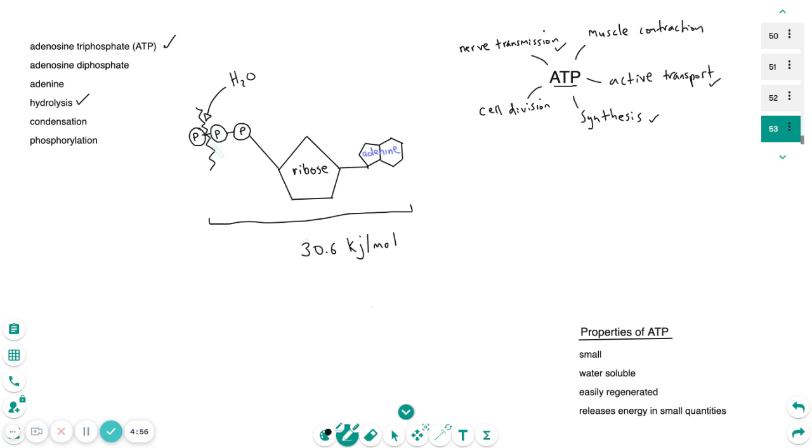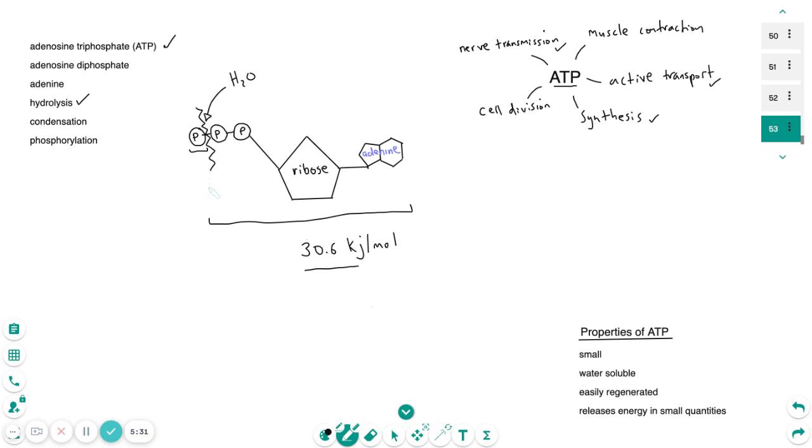To break this bond requires a very small amount of energy. It's quite an unstable bond. But when this phosphate binds with another molecule, when you form bonds, that's going to release a lot more energy than was needed to break it, and it's going to release 30.6 kilojoules.